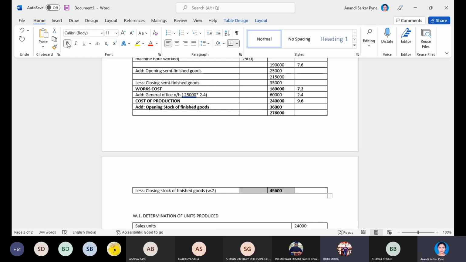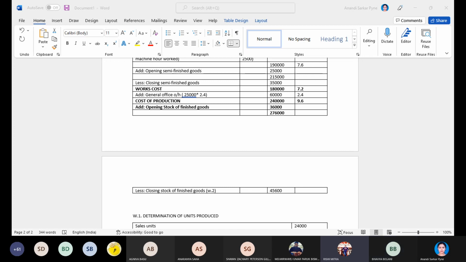You need to solve this problem once in order to make the concept clearer. So, 2,76,000 minus 45,600 is 2,30,400. Then we will divide by 24,000.